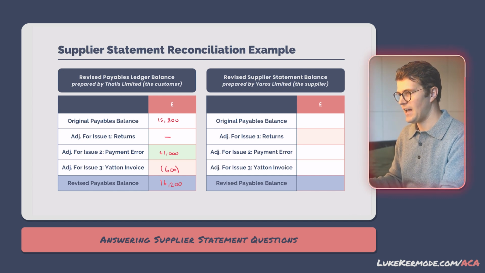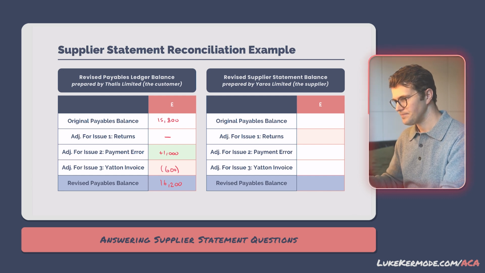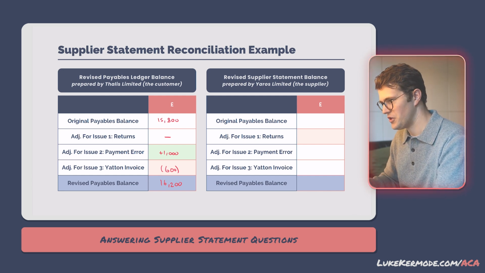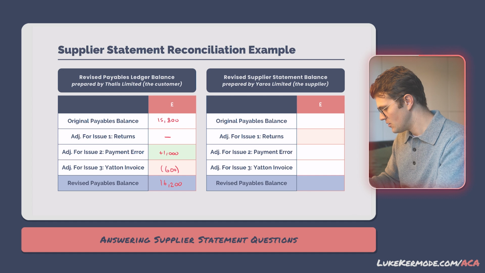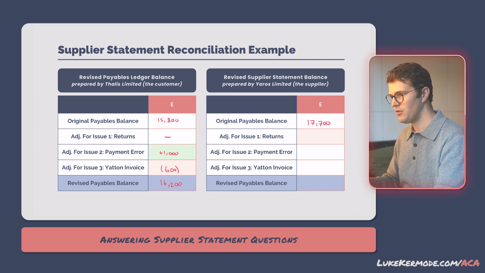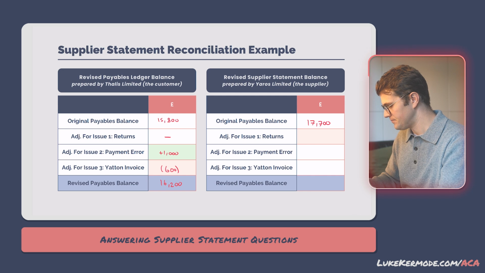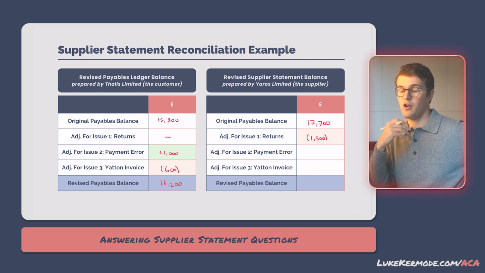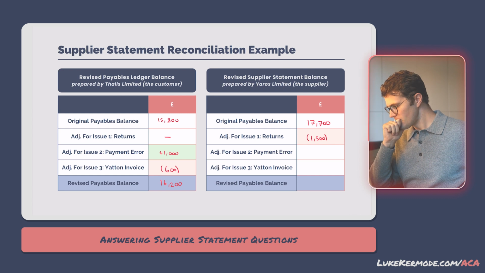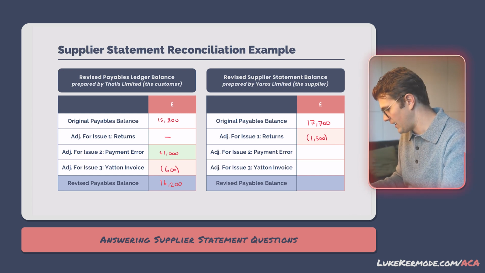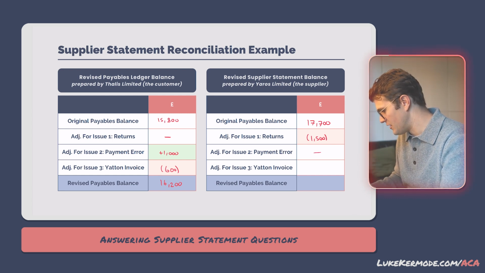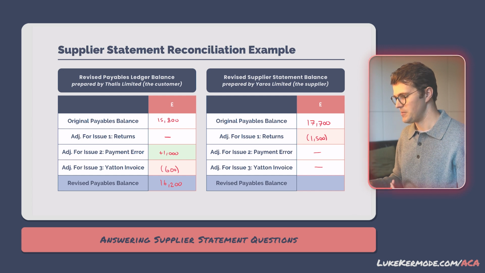Now let's look at Yaros's supplier statement. So we were told in the question that the original balance was £17,700. We need to reduce that by £1,500 for the uncorrected goods return, but issues 2 and 3 were correctly reflected in the supplier statement, so we don't need to make any adjustments for the payment error or the Yatton invoice.